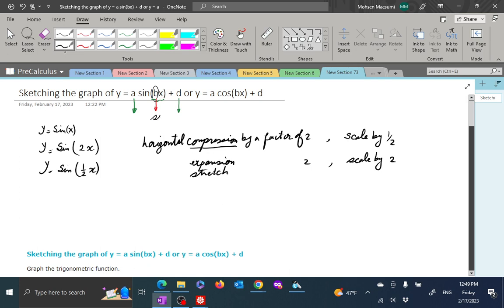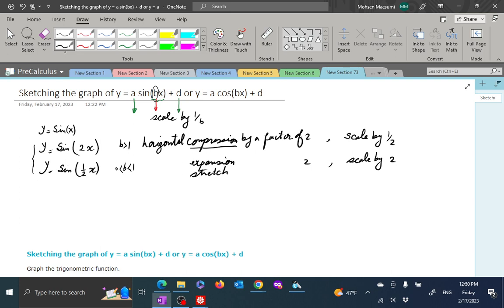So scale by 1 over b. If b is larger than 1, like in this case 2, we are going to cause compression. If b is less than 1, but positive, what we are going to have is an expansion or a stretch. Okay, so this is what's going to happen horizontally.